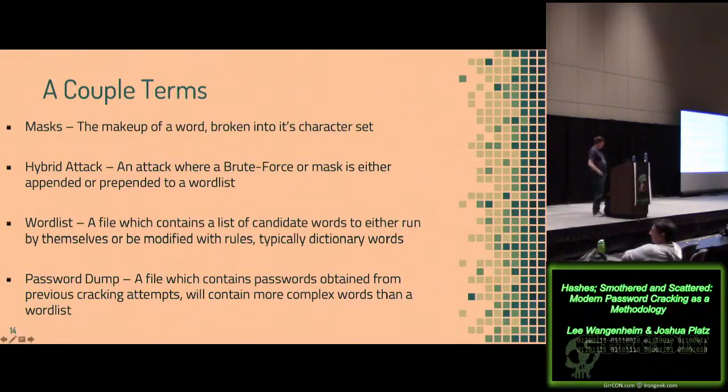The reason this is important is because if I'm using a mask to brute force your password, that mask is going to allow me to significantly reduce the amount of characters that I'm trying to brute force against. So I'm guessing against common patterns that I see. So if a company says we have a 12-character password and we enforce complexity with digits and special characters, I say, oh, that's great.